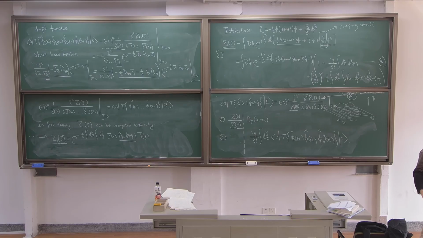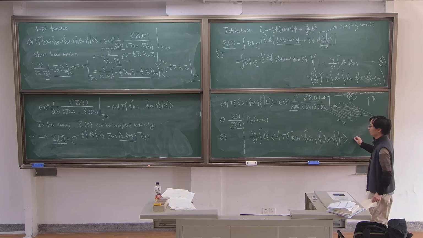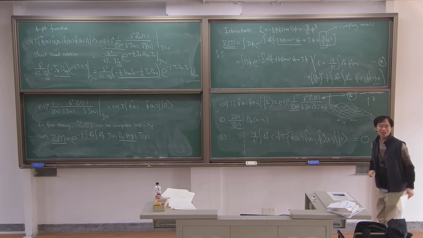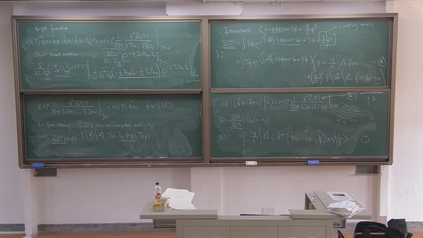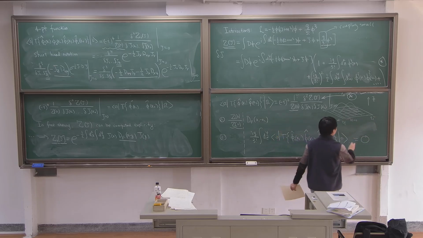If you cannot, then it's 0. Because we cannot pairwise the 5 points, there's always one single out. So this has to be 0, because 5 is not an even number. This is given by Wick's theorem.